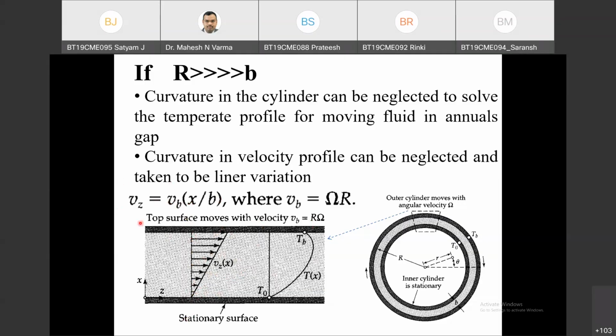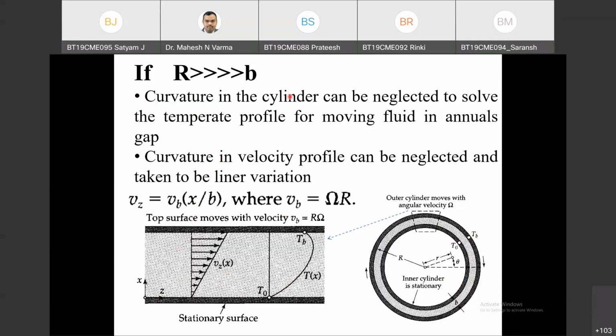Z here means the theta direction, so Z will be theta, and Vb equals r into omega. So curvature is neglected, and secondly, curvature in the velocity profile is neglected.